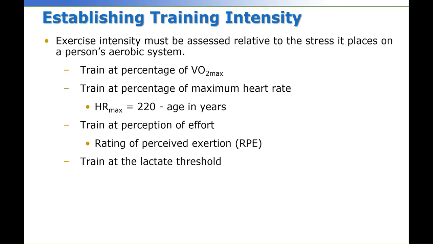So one of the things is that, in general, longer duration offsets lower intensity for older and less fit individuals. We also have to remember that more isn't always better, because excessive activity increases the chance for sustained bone, joint, and muscle injuries.